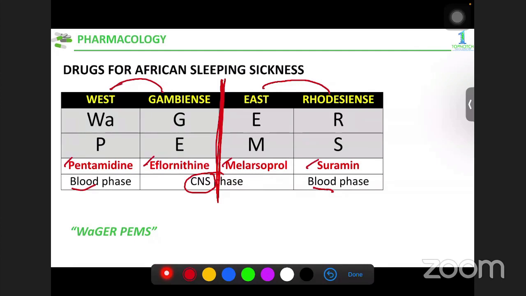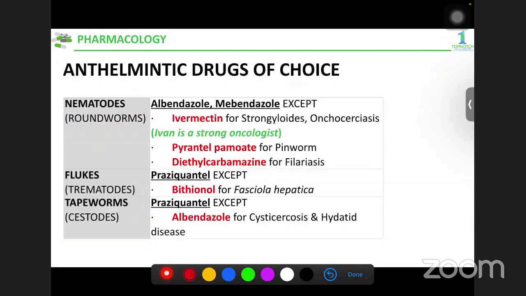So, pag West African is caused by Gambiense, so the drugs could either be pentamidine for your blood phase, eflornithine for your CNS phase. Pag East African sleeping sickness, melarsoprol for your CNS phase, suramin for your blood phase. Okay? Basta tandaan niyo yung mnemonic.